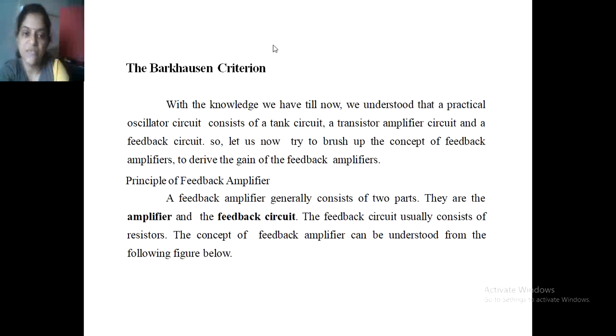Let us see the principle of the feedback amplifier. A feedback amplifier generally consists of two parts: the amplifier and the feedback circuit. The feedback circuit usually consists of resistors. The concept of the feedback amplifier can be understood from the following figure.